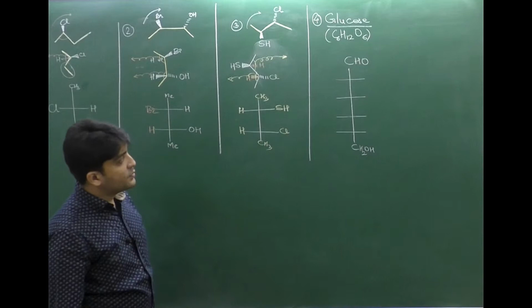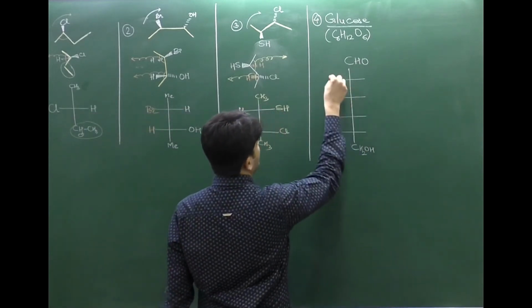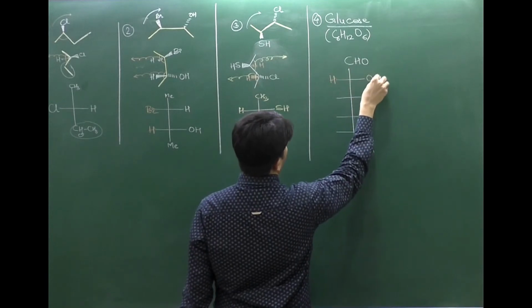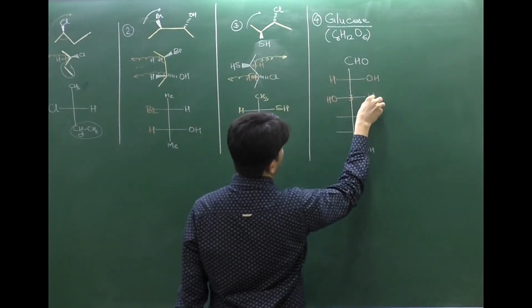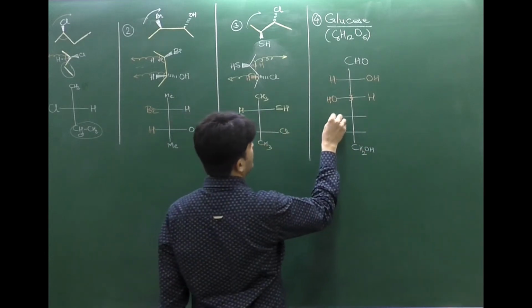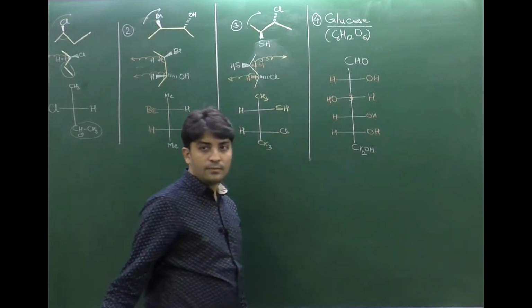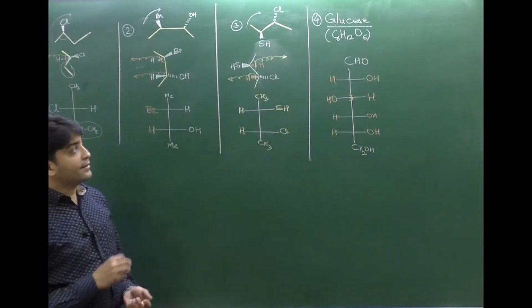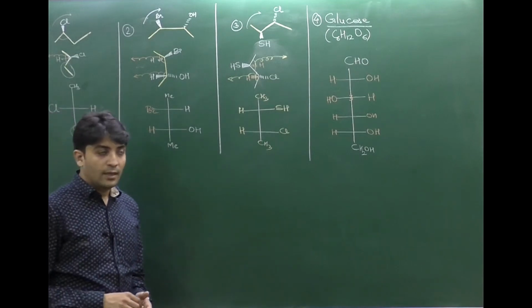The 4 carbon atoms in the middle are satisfied with H and the hydroxy group, and the arrangement is H-OH. The third carbon has OH on the left and H on the right, and the others are H-OH, H-OH. So that's the representation for glucose, the aldose.